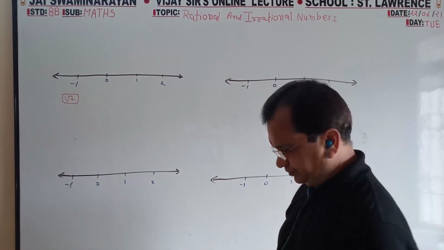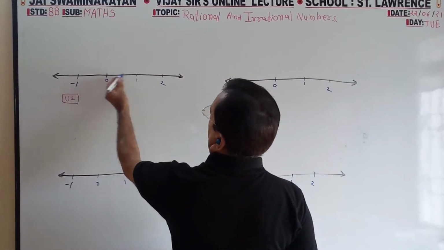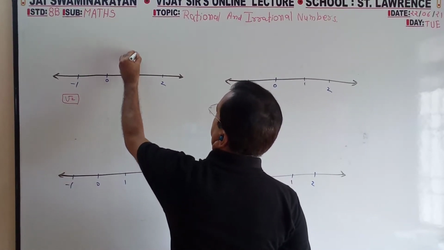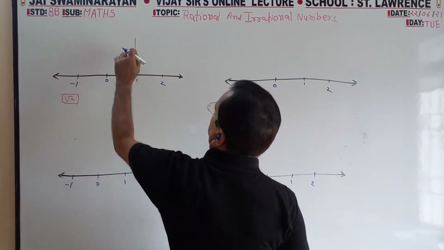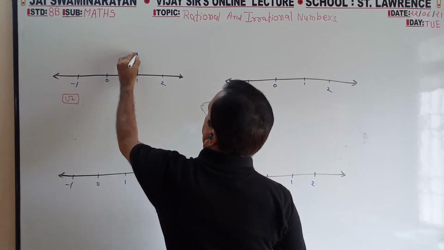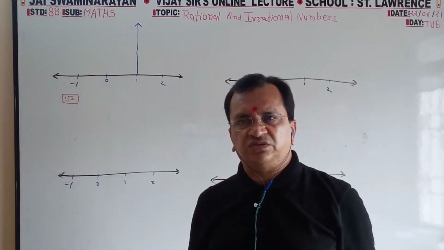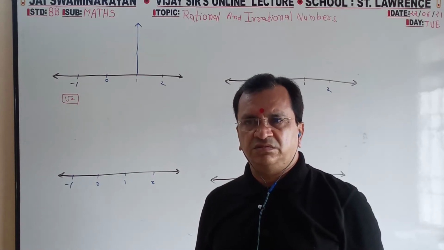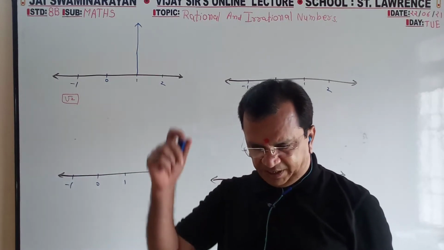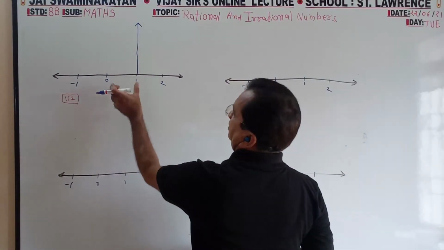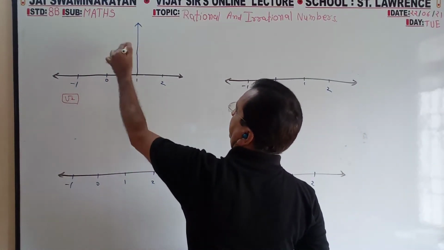So on number 1, draw a perpendicular line. Then measure 3 centimeters.